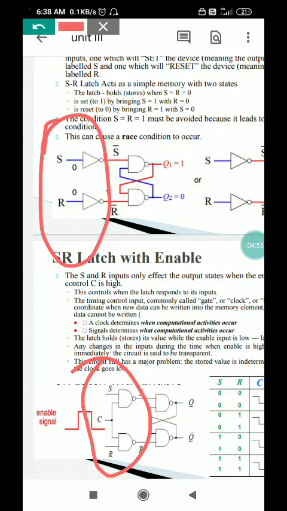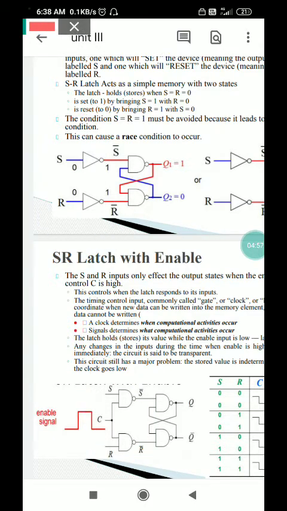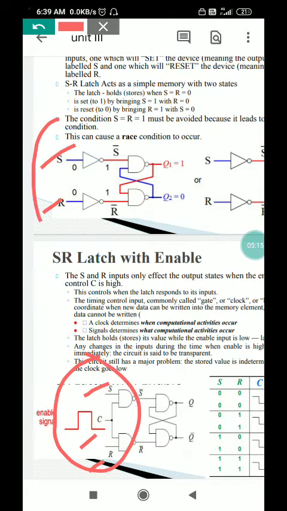Here we have only two inputs S and R. Here we have three inputs S, R and C. C stands for clock, and that acts as an enable signal. So output is dependent on three inputs now. In this other case, it was dependent only on two.